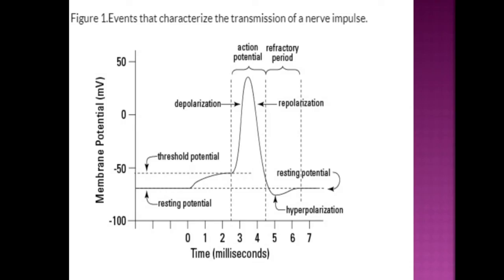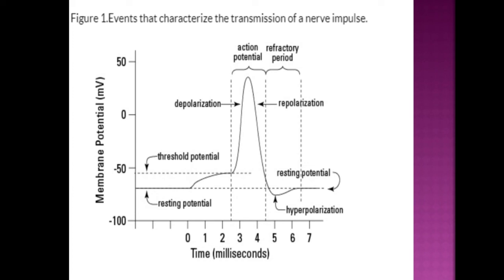Here are the events: the threshold, depolarization, the action potential, a change in the positive value, or the loss of resting membrane potential, that is depolarization. And we are seeing the action potential, repolarization, then resting potential, hyperpolarization. Hyperpolarization is a change in the cell membrane potential that makes it more negative.